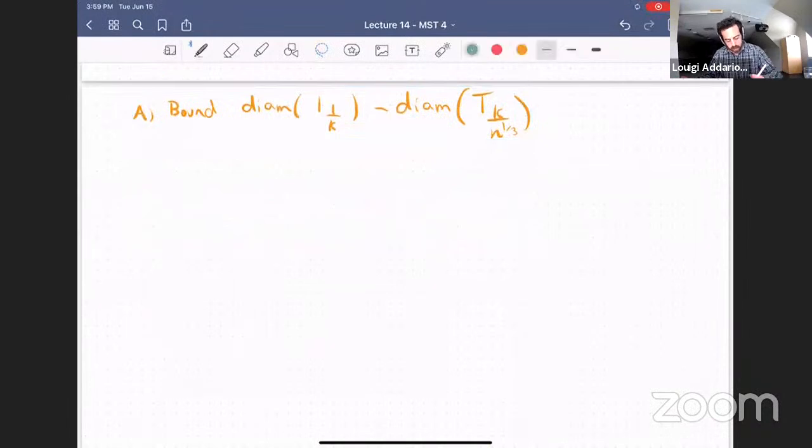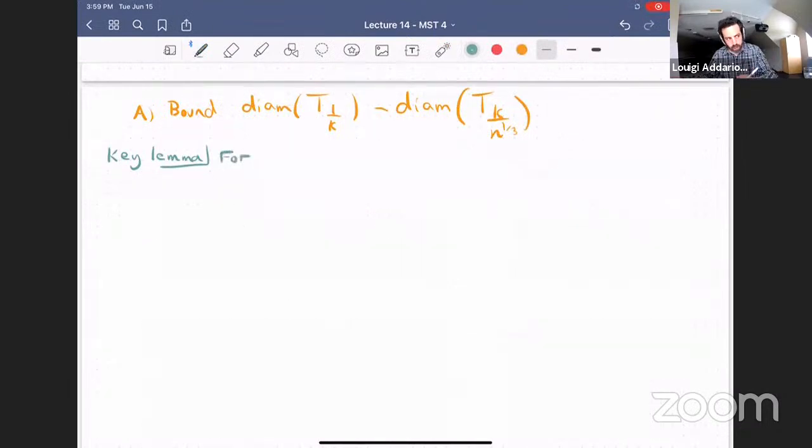I have a key lemma, which is the thing that allows us to do one step. I said we're going to split this increase up into steps, and this lemma is what we'll use to bound the increase in diameter at each step.